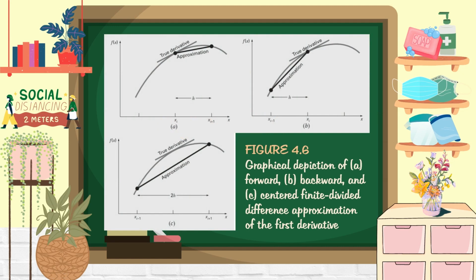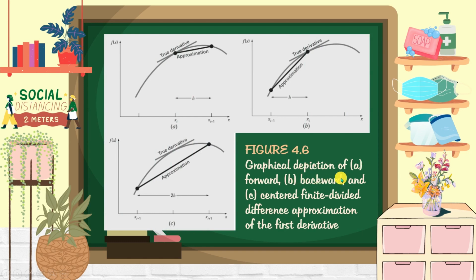So the entire term delta f over h is referred to as the first finite divided difference. This forward divided difference is but one of many that can be developed from the Taylor series to approximate derivatives numerically. For example, a backward and center difference approximation of the first derivative can be developed in a fashion similar to the derivation of equation 4.14.